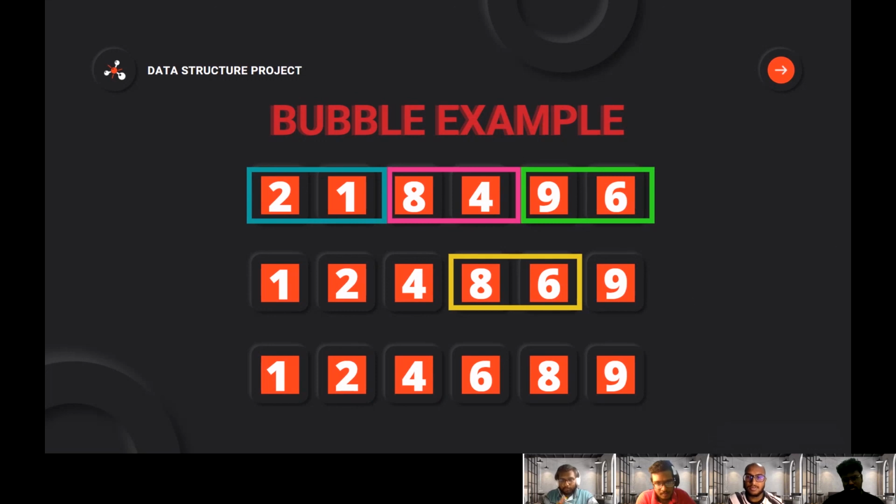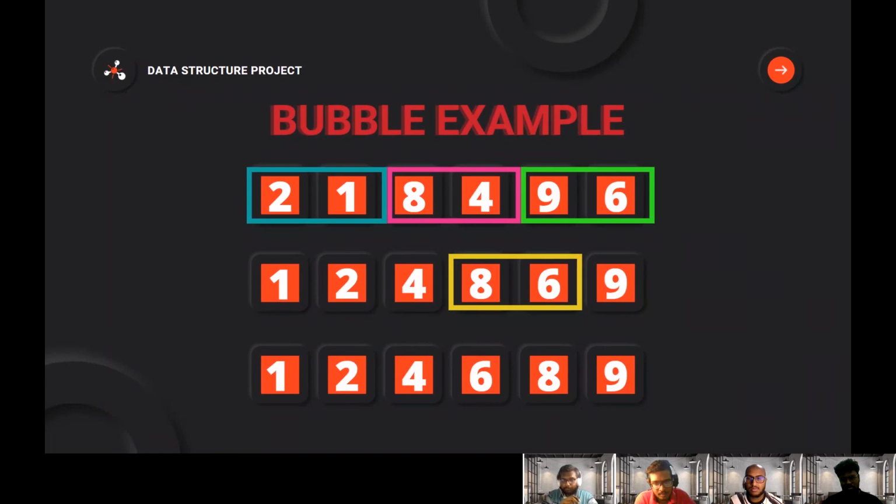But it's not going to end. It will continue to the next set of numbers, which is 8 and 4 on the first row, the pink box. So it will compare side by side 8 and 4, and it will take the lowest number and swap it in front.